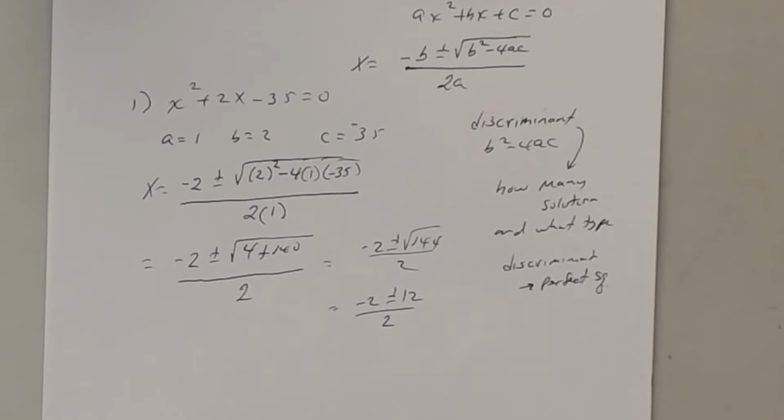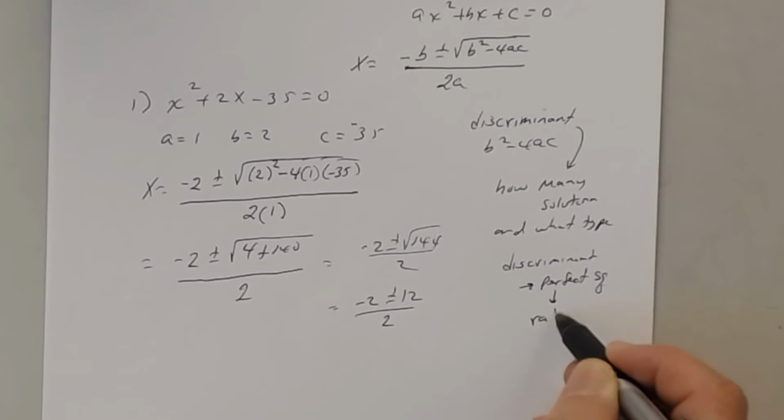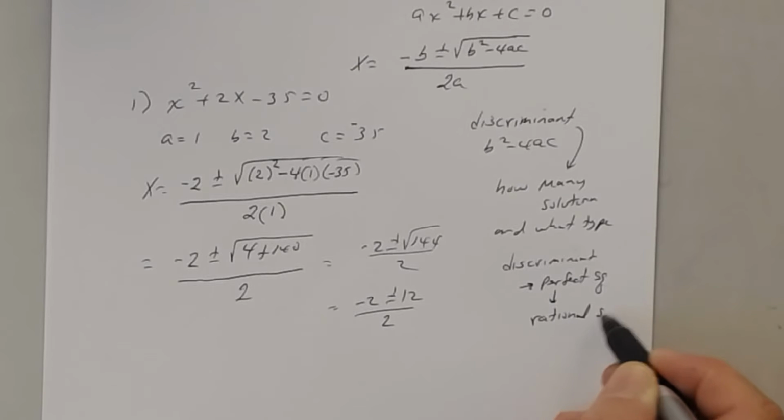If the discriminant is a perfect square, you're going to end up with what kind of solutions? Rational solutions, because my discriminant is a perfect square.